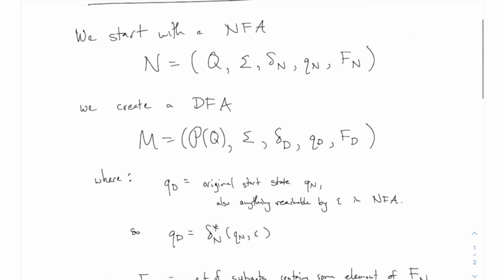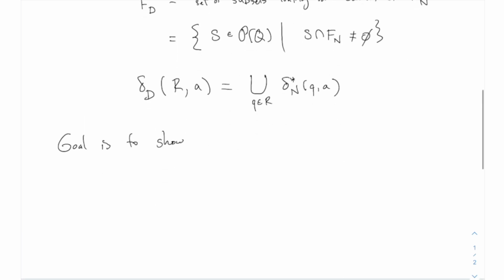That's the whole point of this: you start with an NFA, you convert it into a DFA having the same language. So our goal is to show that L of N is equal to L of M, right? That's the whole point of what I want to say in terms of proving that the subset construction is correct. What it means for it to be correct is that the language that you get from the DFA is the same as the language that you get on the NFA.